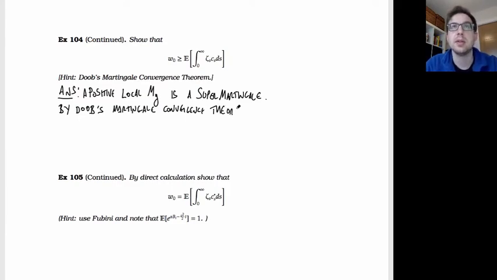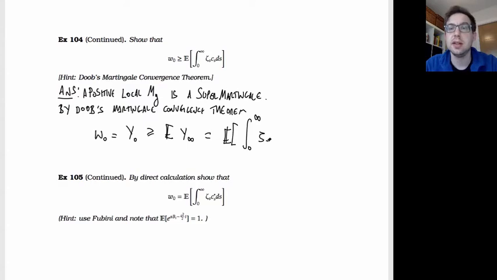That we have that W0 is equal to y of naught, which is less than or equal to the infinite time version of our process, which is then going to be equal to E integral from 0 to infinity zeta s c of s ds.